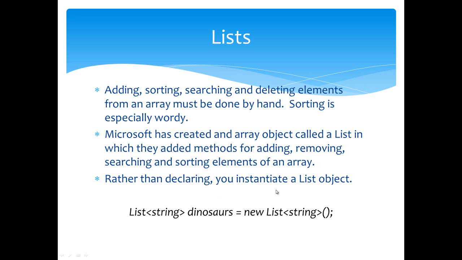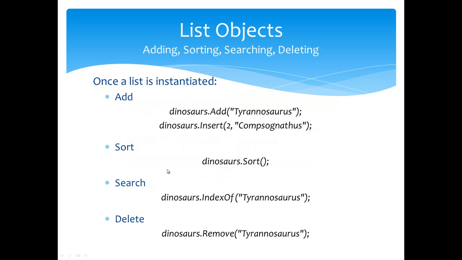That's what this part does over here. So include the sort and the search features of that list, those features that don't exist in the array. Okay, so how then would I add items to a list? Well, I could simply go back in and do dinosaurs.add and add in an item if I want to.